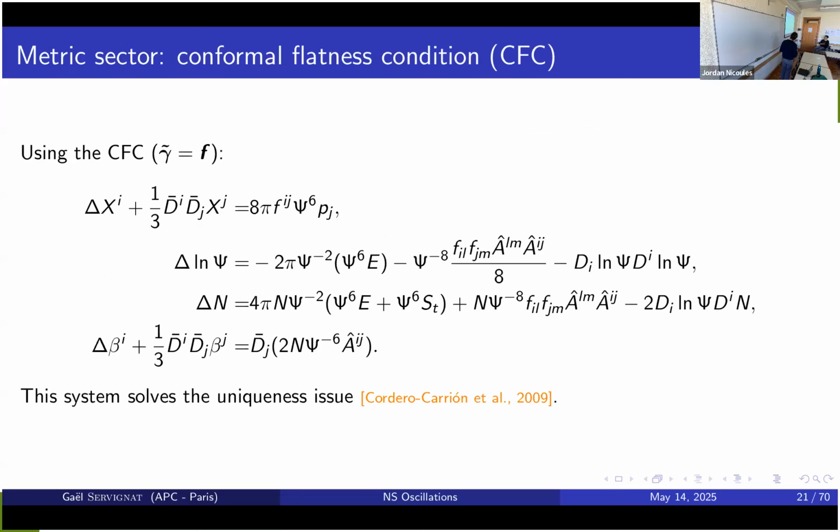You do some more stuff, and in the end, you have this set of equations, which are Poisson equations. So the point is you have elliptic Poisson equations. There is one approximation in there which actually kills the radiative degrees of freedom, but Lorene comes with built-in solvers for this kind of equation.